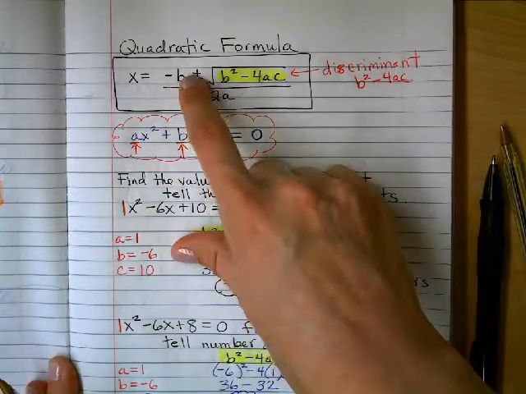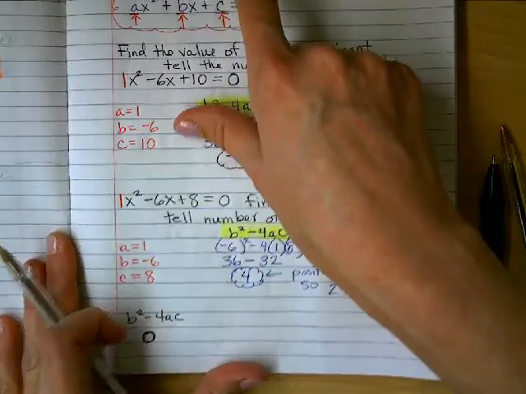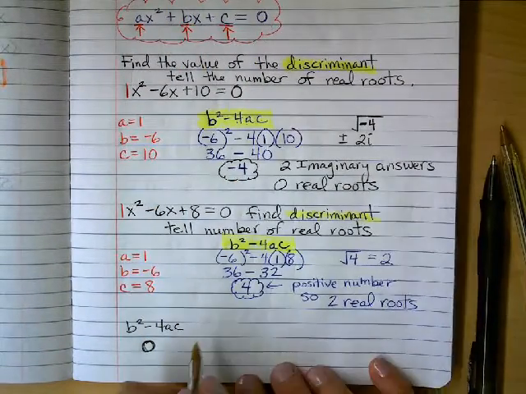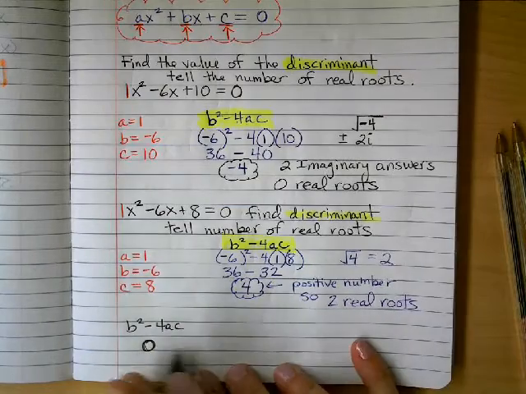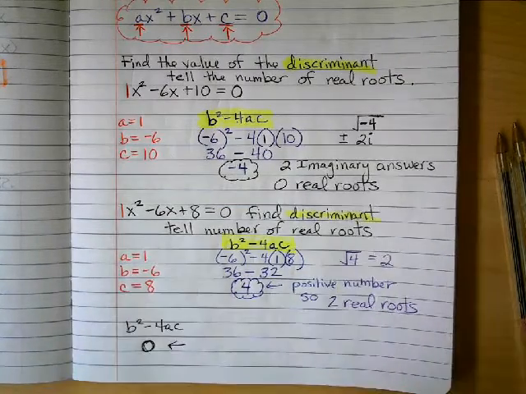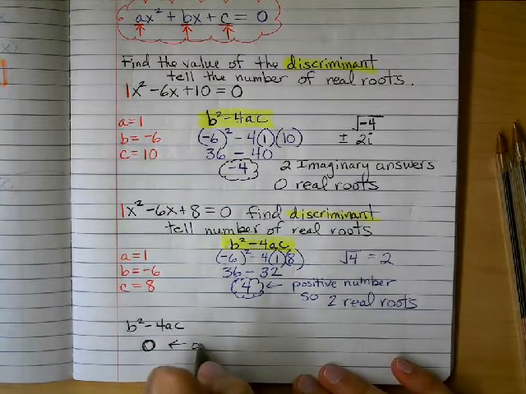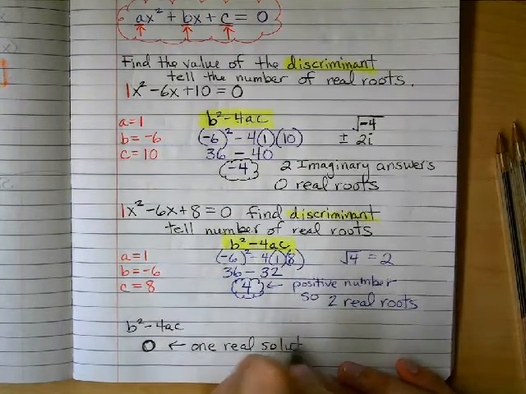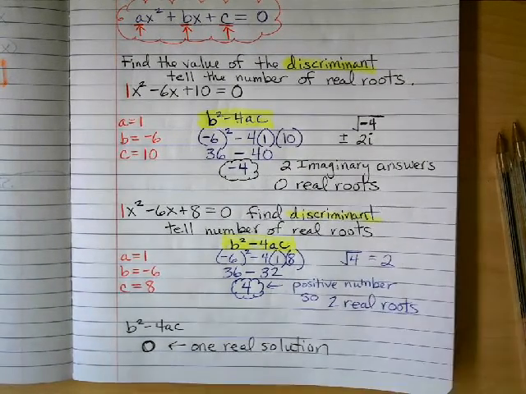The square root of 0 is 0. And then it would be something minus 0. If you get 0 for b squared minus 4ac, then you just get 1 real solution, instead of 2 real roots. Only 1 real root.